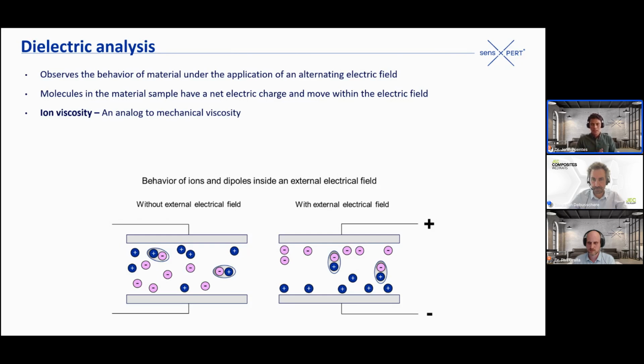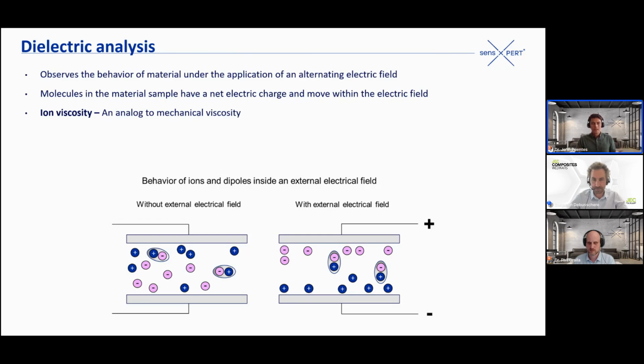So logically, these dipoles will try to go towards the opposite electrode, the electrode that has the opposite sign. So we are going to have this rotation and motion as we are measuring. So in reality, what we are measuring is the motion of these dipoles.